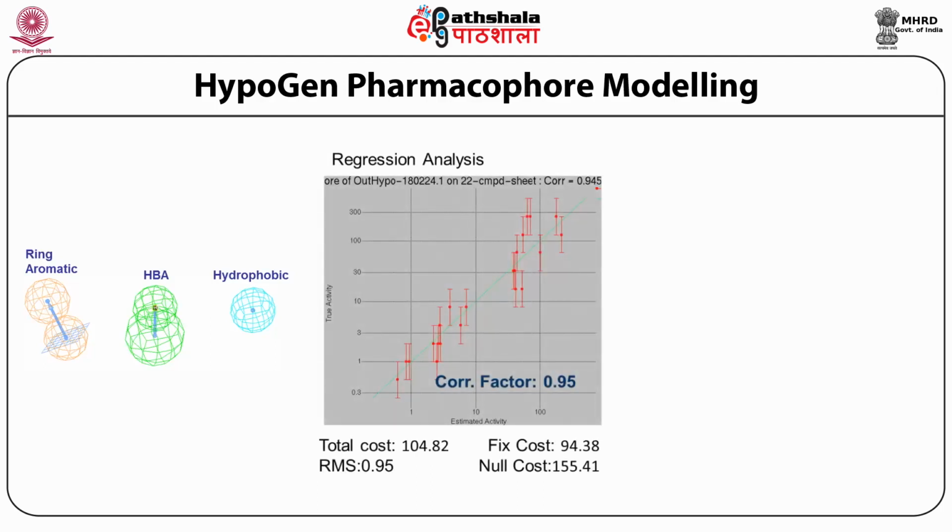And here is an example of one real good hypothesis and analysis, where the value shows the correlation factors are quite high and the null cost to fixed cost difference is quite good.